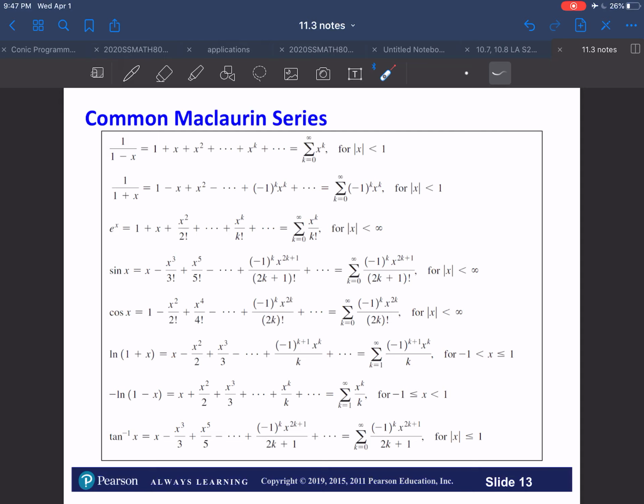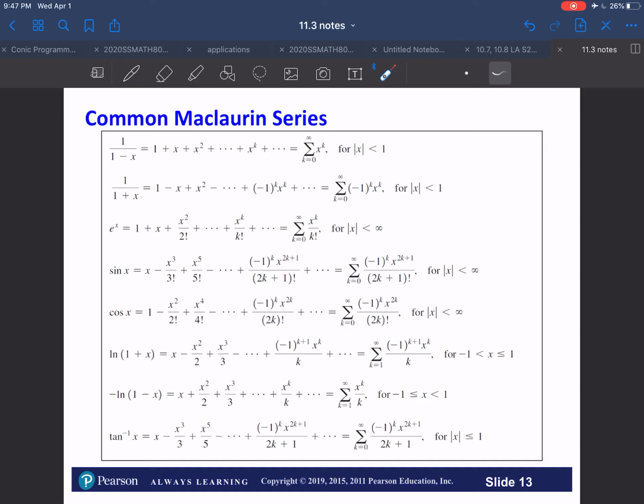E to the x, as we just discussed, can be written like this. Sine of x has odd powers of x, so we have x cubed, x to the 5th. In general, odd powers of x. And the interval of convergence is all reals. Cosine of x is similar with even powers of x. For all reals, the natural log of 1 plus x.